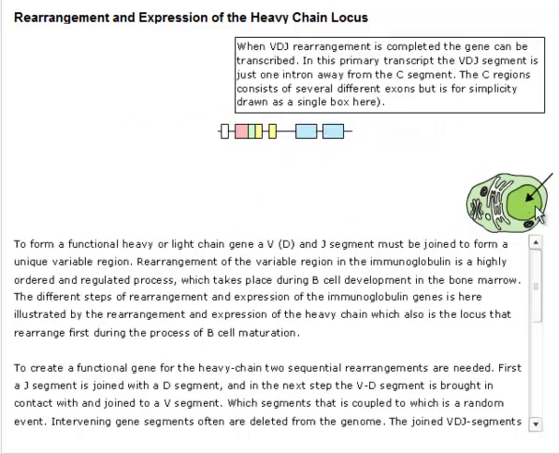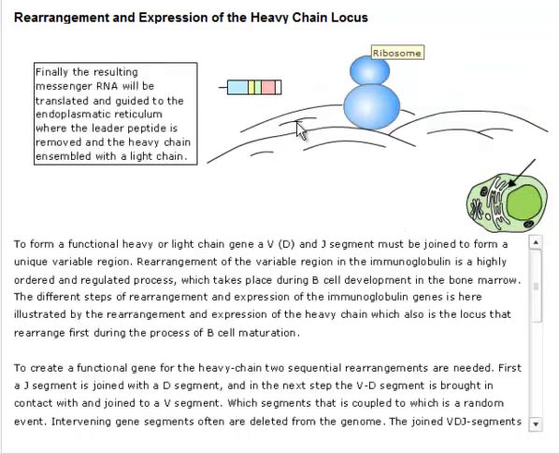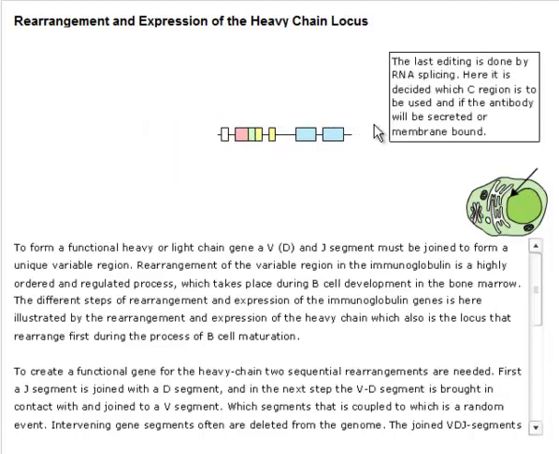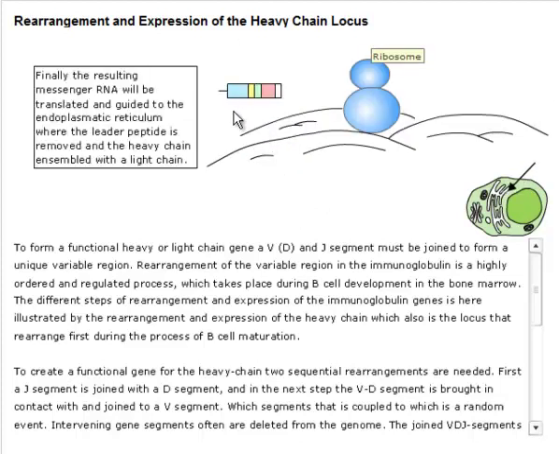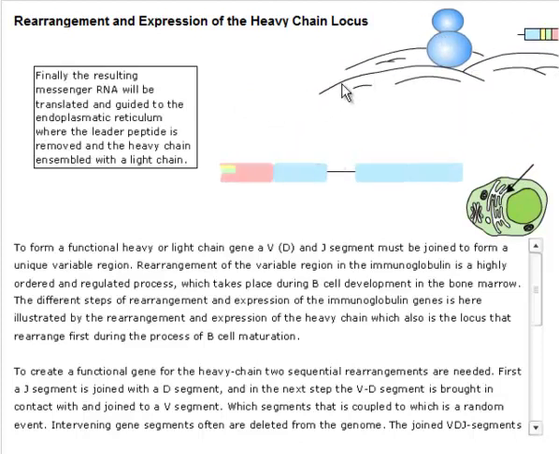Once a B cell or a T cell goes to maturity and gets selected for a specific antigen, it will rearrange the gene sequence, and this will then be housed on the DNA. It will then get transcribed into the messenger RNA, and you can get different splice variants. Once that messenger RNA gets produced, it's going to get targeted to the ribosome located on the endoplasmic reticulum, and you'll produce your antibody protein from this.